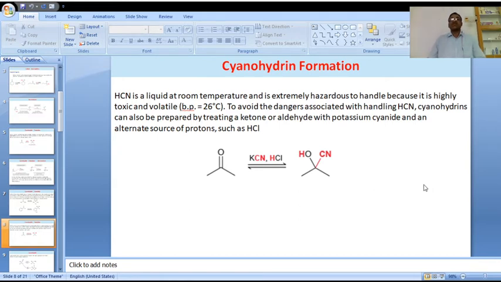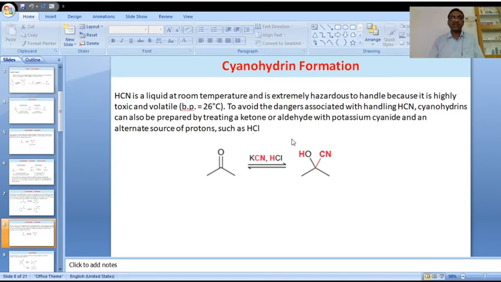Because of the danger associated with handling HCN, instead of HCN we generally use potassium cyanide and an alternate source of protons such as HCl.